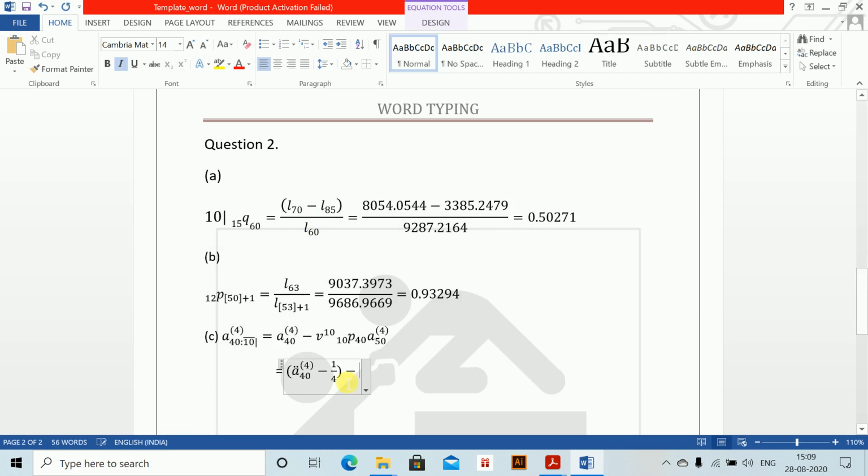So the remaining portion is same from here, and then you have the same thing, copy the same portion from here and paste it here.